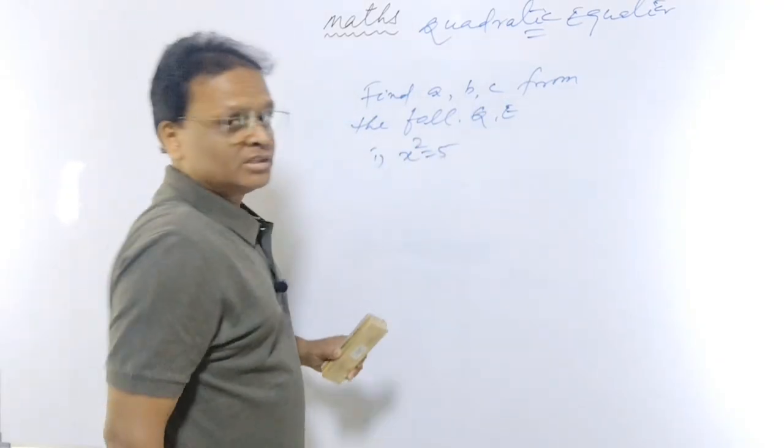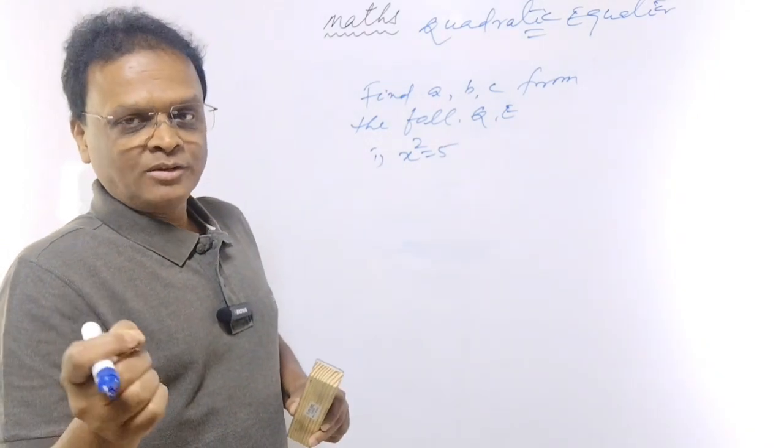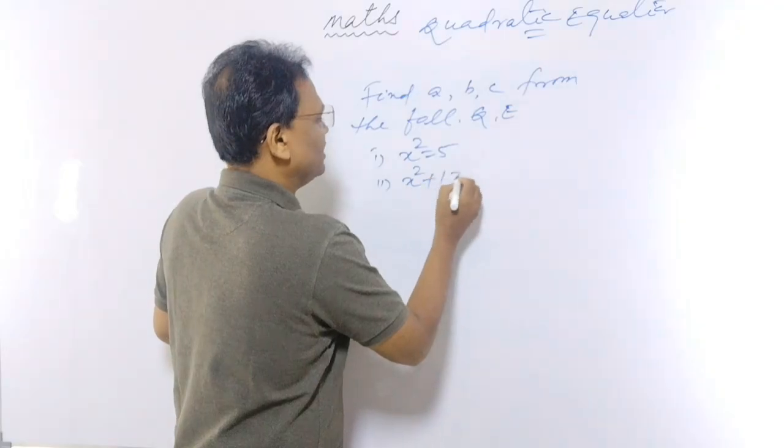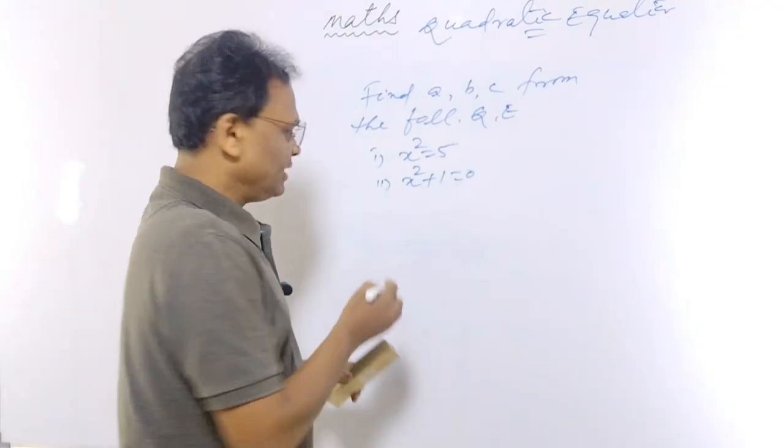First is x square is equal to 5. You must write what is A, what is B and what is C. Second is x square plus 1 equals 0. You have to find A, B and C.